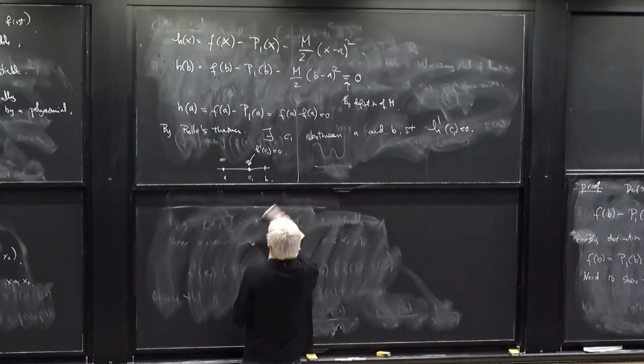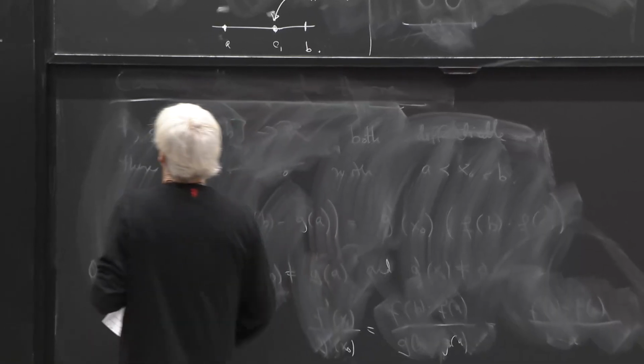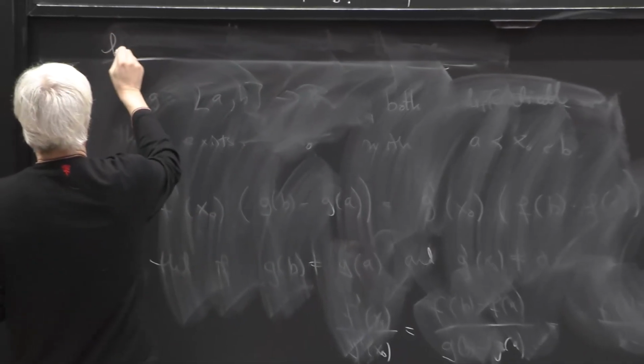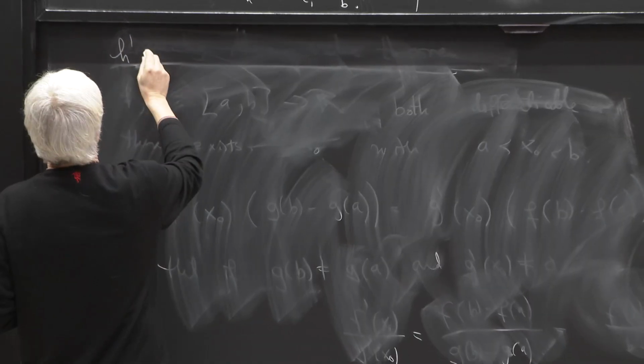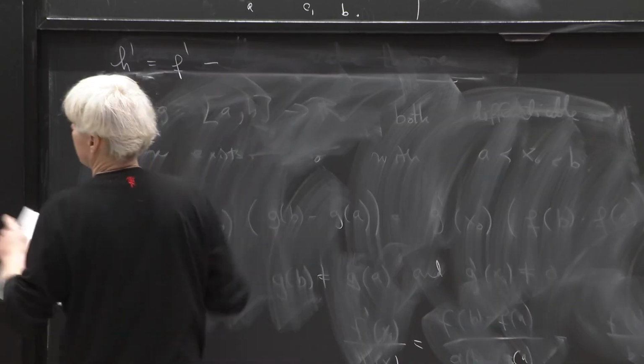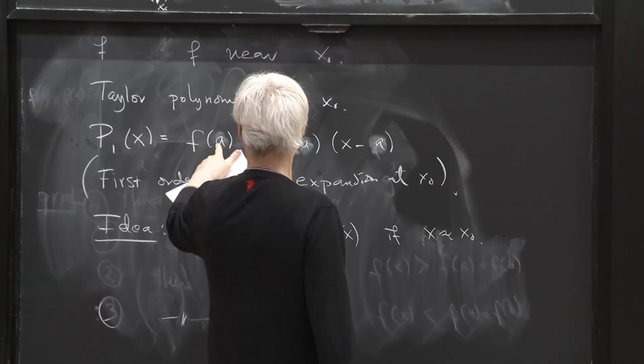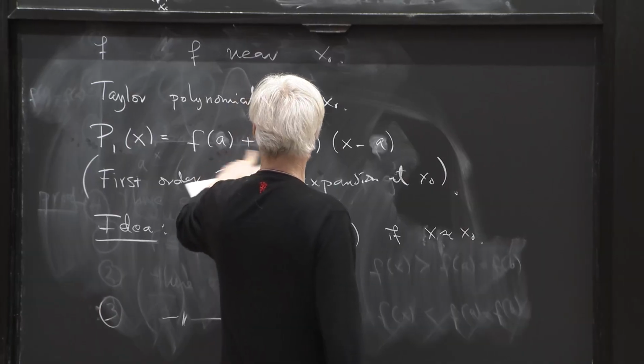And so again, we have h up there at the top. And so this means that h prime is equal to f prime minus, and then the Taylor polynomial. When you take the derivative, this is just a constant.